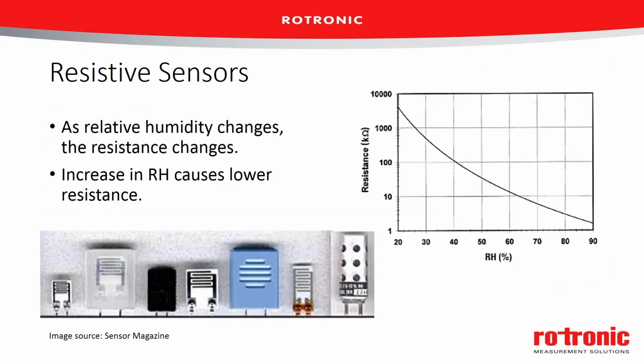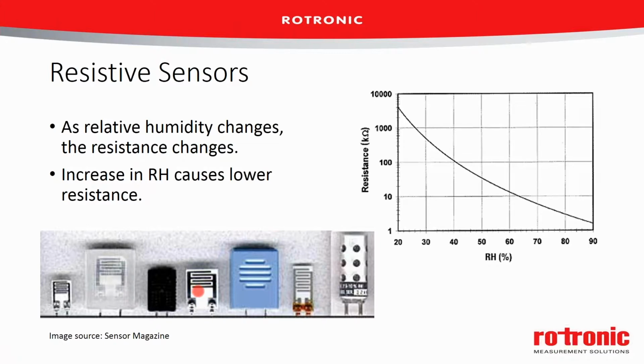And with that, we'll talk about the next technology, which is more advanced than a horsehair hygrometer. We'll talk about resistive sensors. A resistive sensor is measuring relative humidity directly. It's measuring that property. You can see some images here. You can see some different types of resistive sensors, and they all have a couple of electrodes that go onto a substrate.